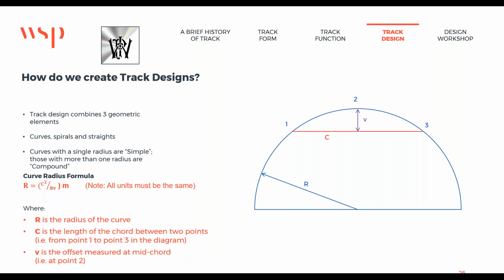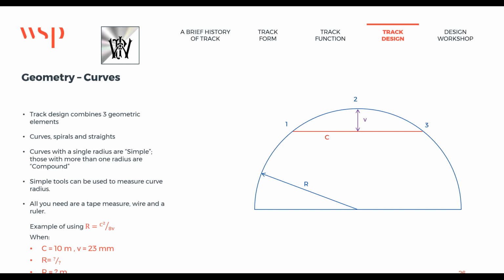So r is the radius of the curve, c is the length of the chord between 2 points, i.e. from point 1 to point 3 in the diagram, and v is the offset measured at the midpoint, that's to point 2. That's measured at right angles from the middle of the chord to the second point. Obviously, in the railway, where we're using large radius curves, the versine v is quite small.